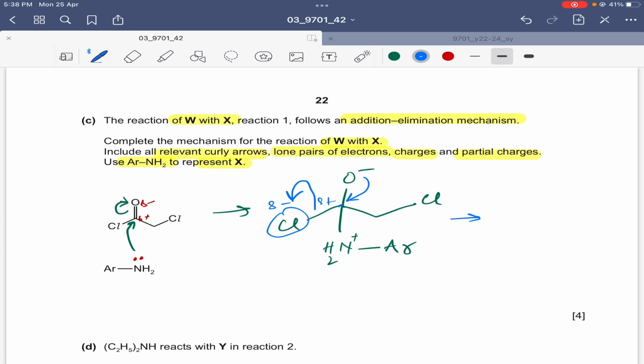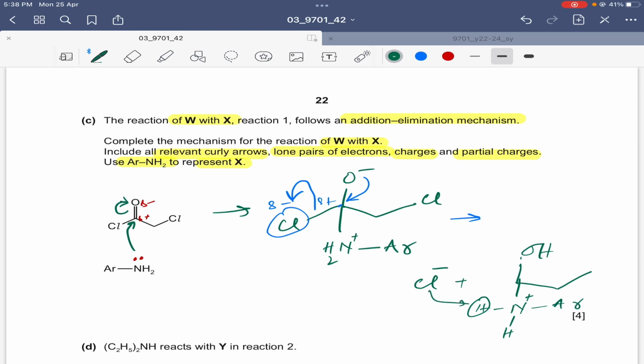So we get Cl minus plus OH, NH2 plus Ar, and finally to regain its lone pair, nitrogen will lose its proton, its hydrogen as a proton.